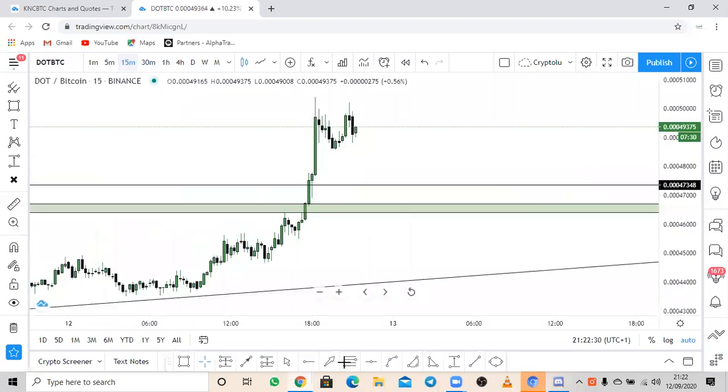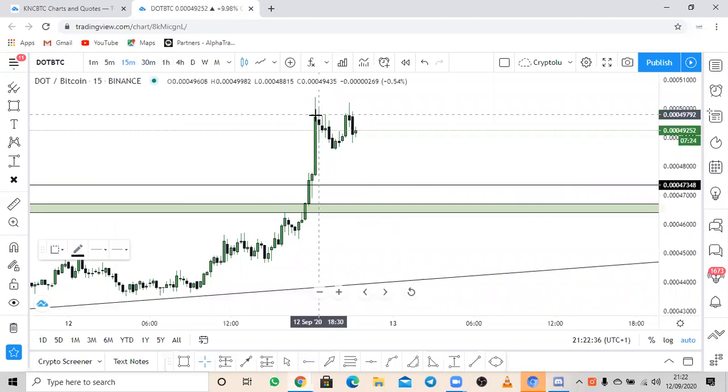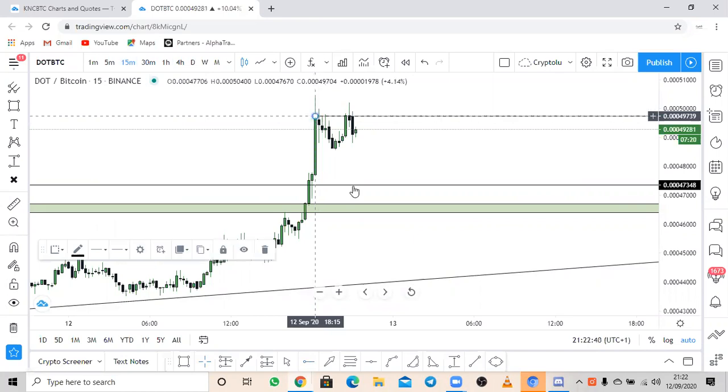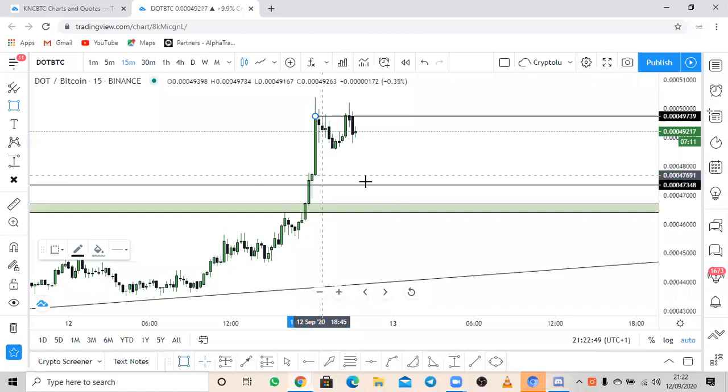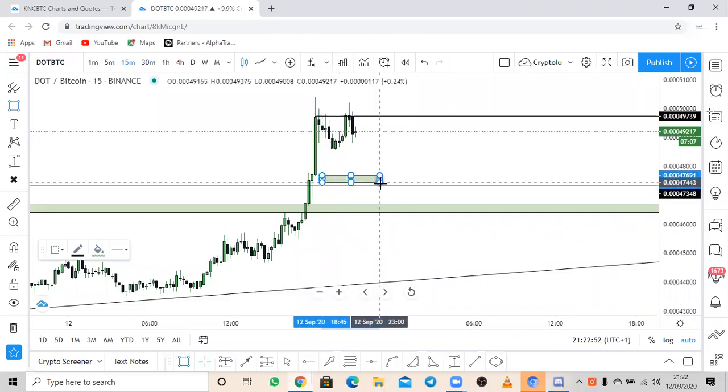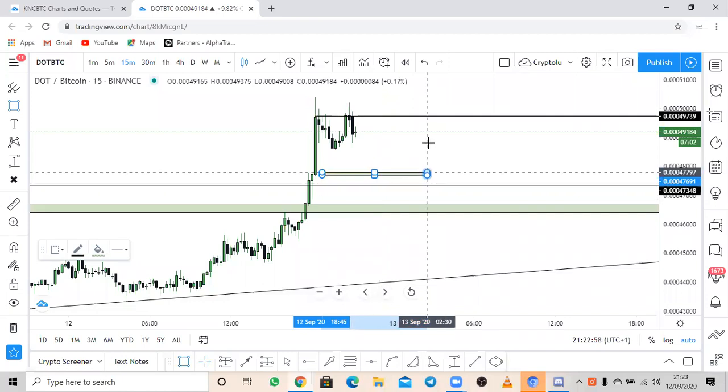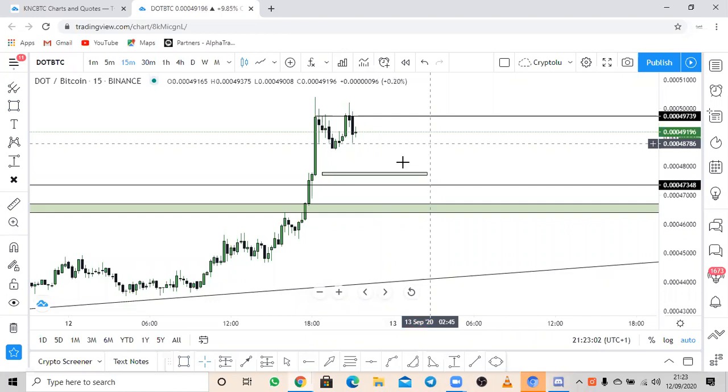Like I said, we can still have a move down to this region before the continuation. But why bother chasing a coin when you can trade other coins like ANC, AMB, CUS, ANKR, and the rest? You can still get a retracement to this level, like I said, and I hope I've answered your question.